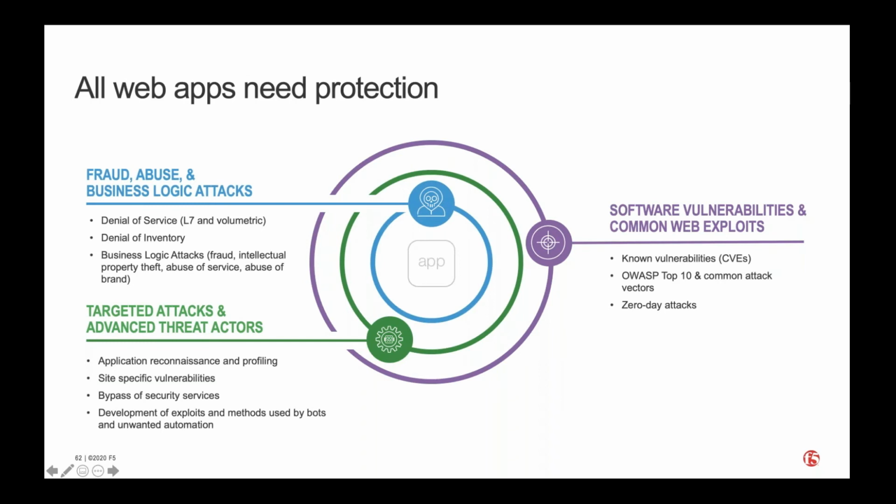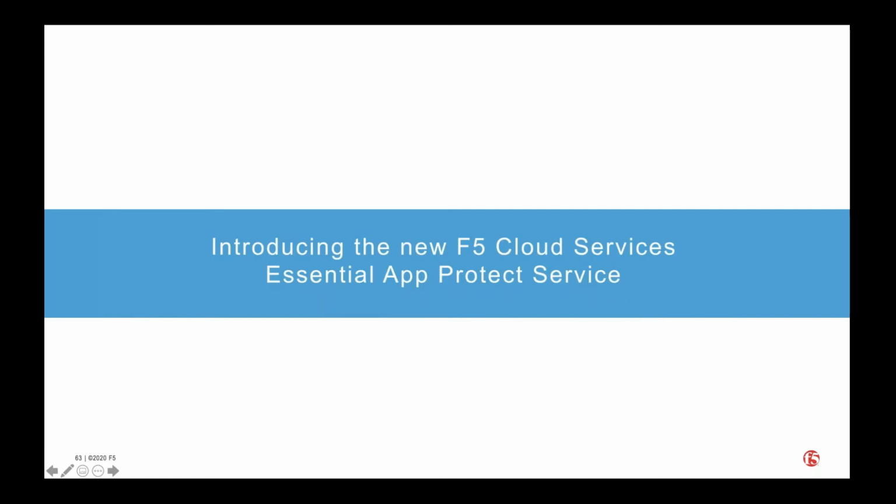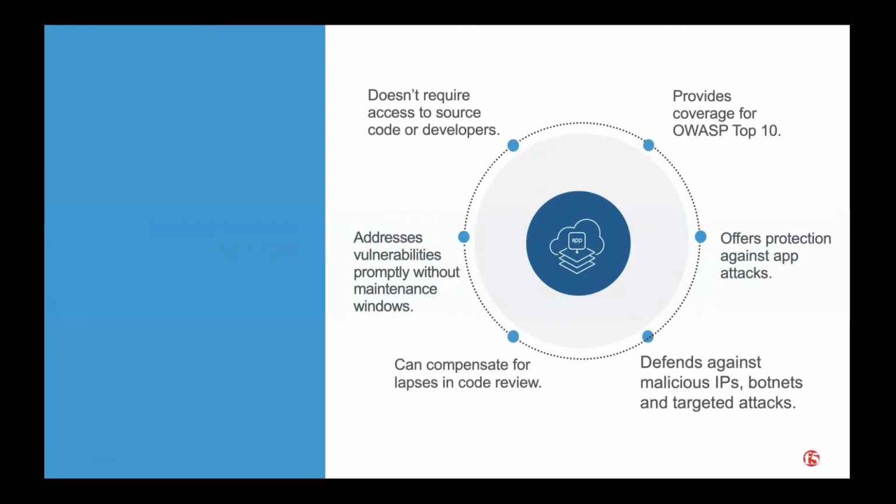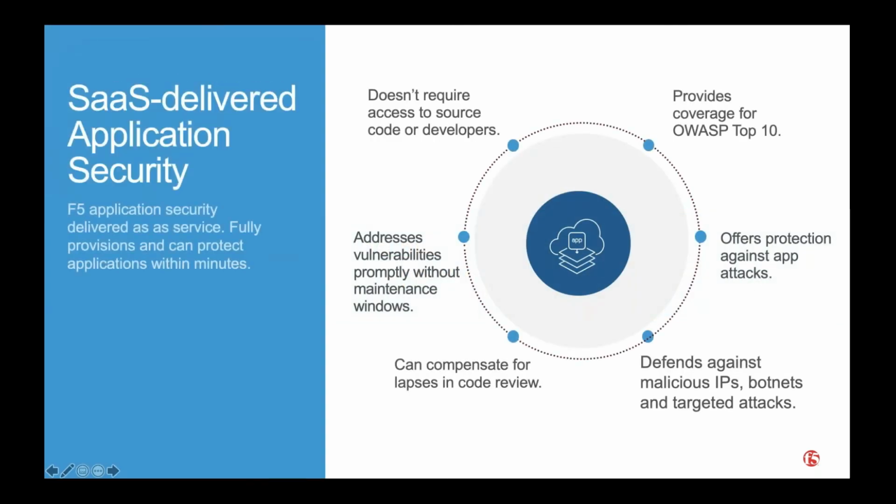So nowadays, we are going to use more and more different tools to protect our applications against these different attacks. Therefore, F5 has now brought a new product into the market called F5 Cloud Services Essential App Protect Service. It's a cloud service, a simple SaaS service where you can protect your application against different attack vectors.